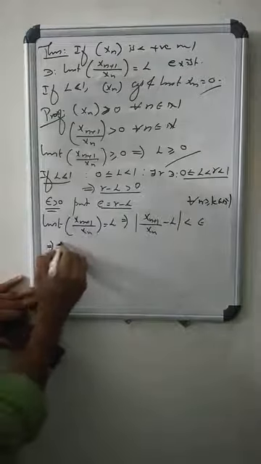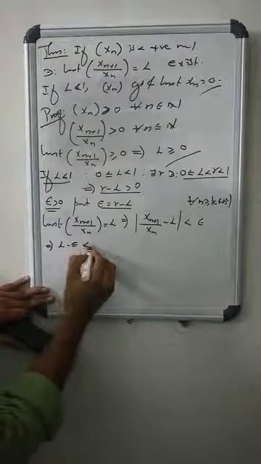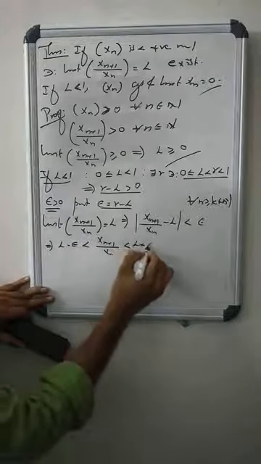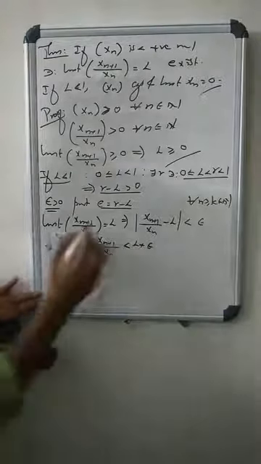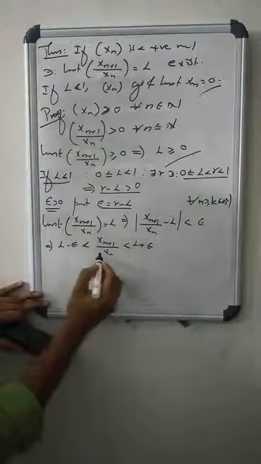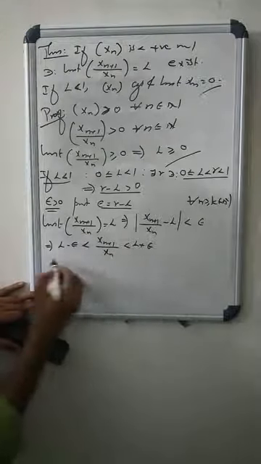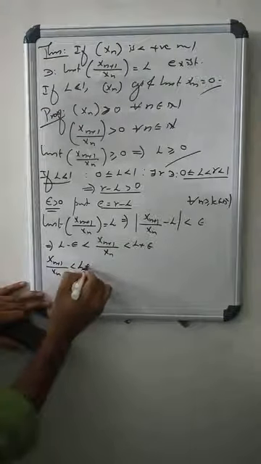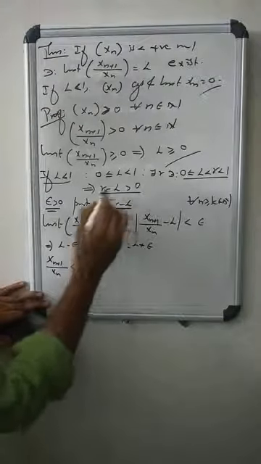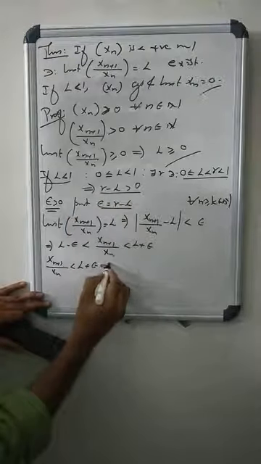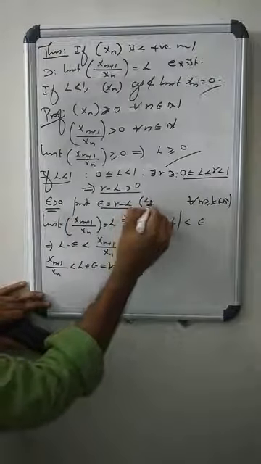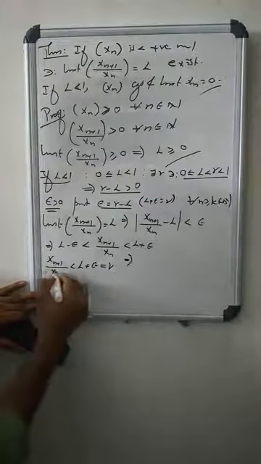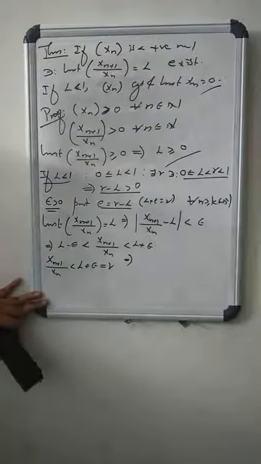So L minus epsilon is less than x_{n+1}/x_n, strictly less than L plus epsilon. Come to the right side inequality: x_{n+1}/x_n is strictly less than L plus epsilon. What is L plus epsilon? L plus epsilon equals R. So x_{n+1}/x_n is strictly less than R.